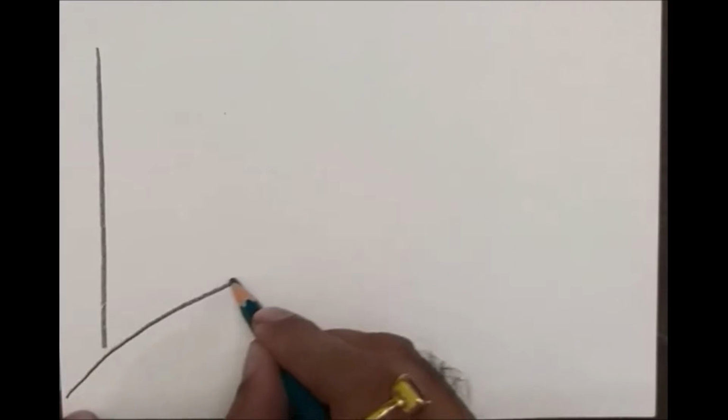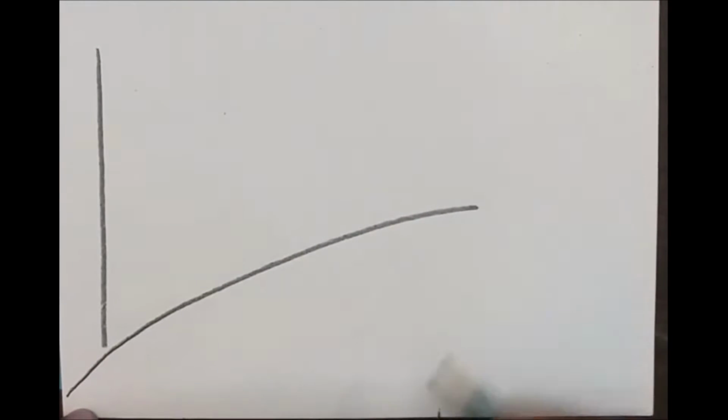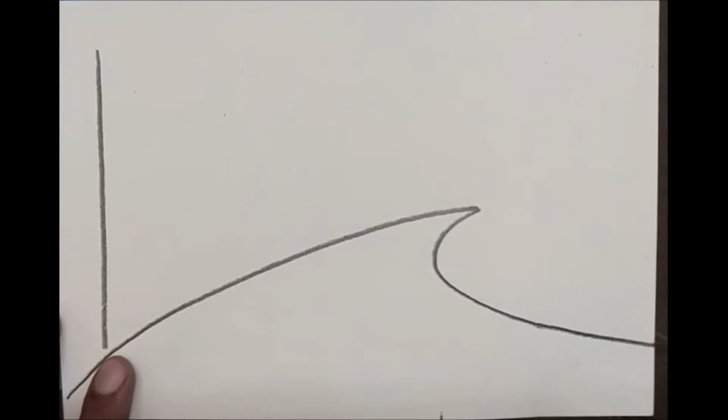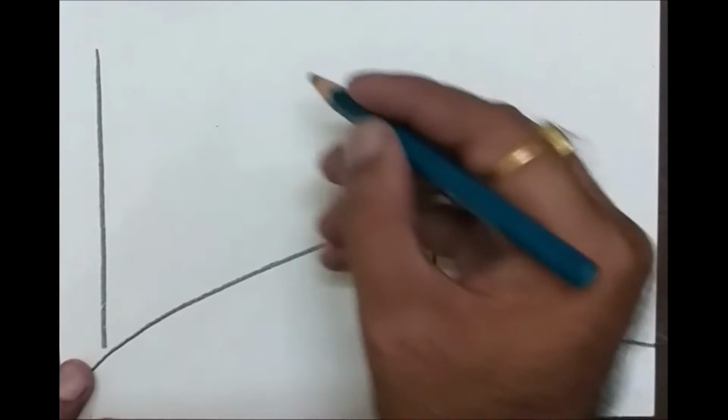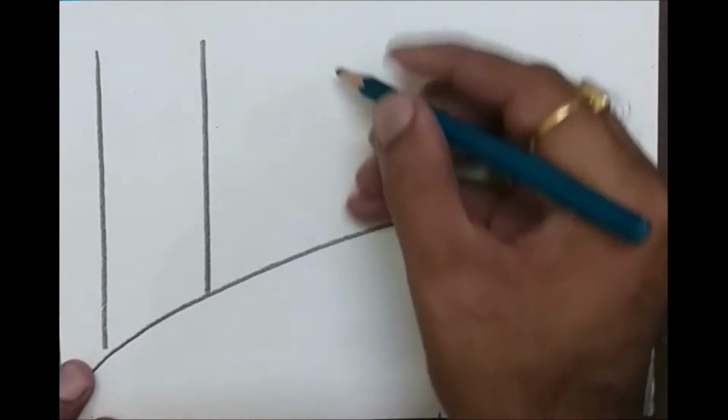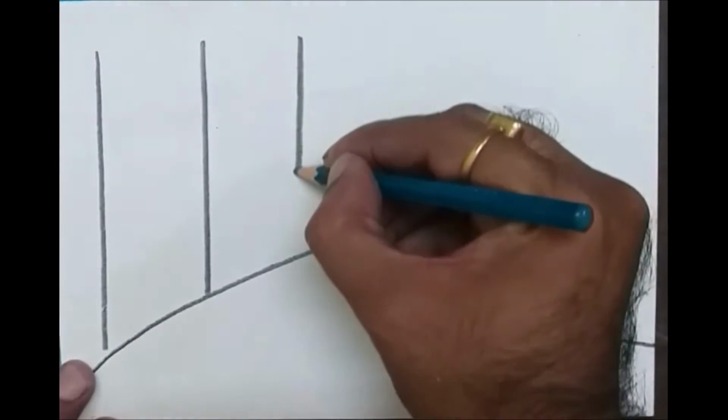One straight line, one curve line, again one deep curve, one straight line, again one straight line to show the bark of the tree.